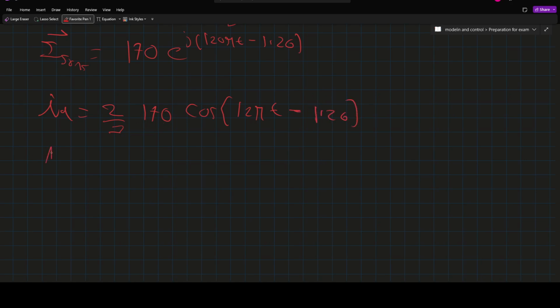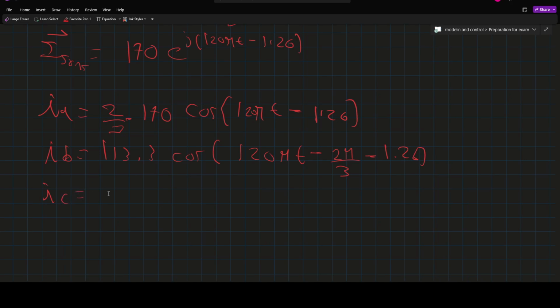That's for A. For B, after this multiplication, that is 113.3 cos of 120 pi t minus the 120 shift minus our angle.